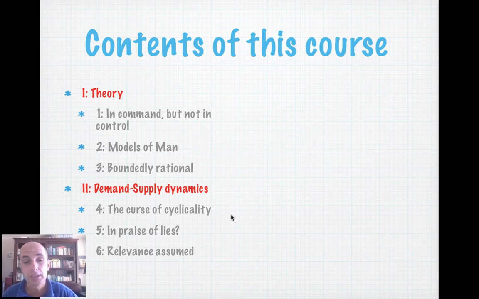Curse of Cyclicality is about Philips Semiconductors and a huge change in the market and how they dealt with it. Praise of Lies is about ASML and how they, during the same period, had an even rougher time. Relevance Assumed is about a part of Interpolis, where they had a huge increase in demand in 2000-2001, and how they dealt with that.